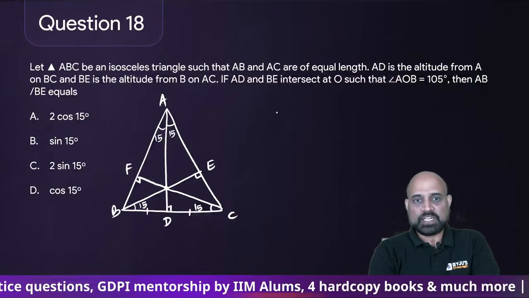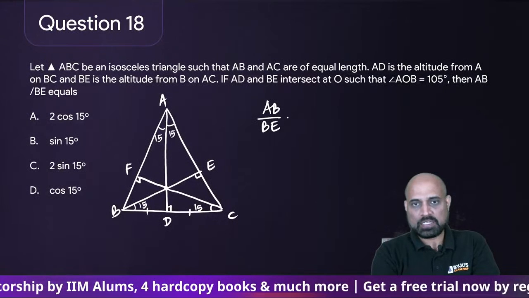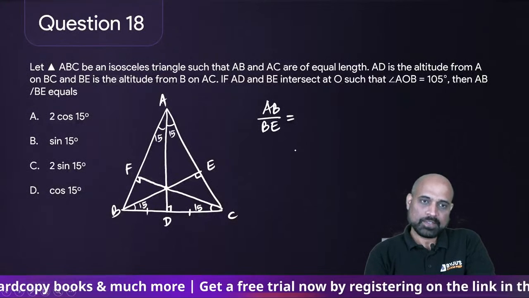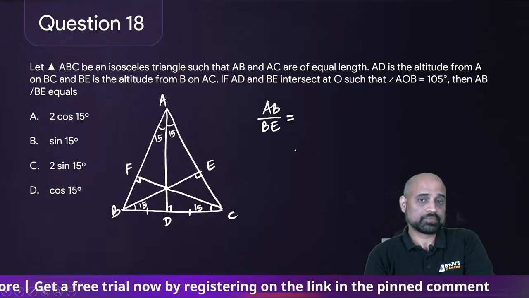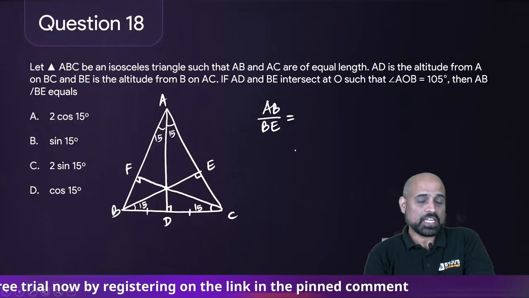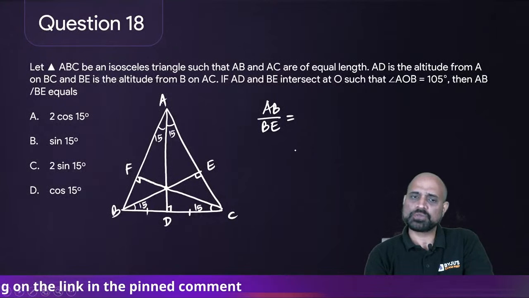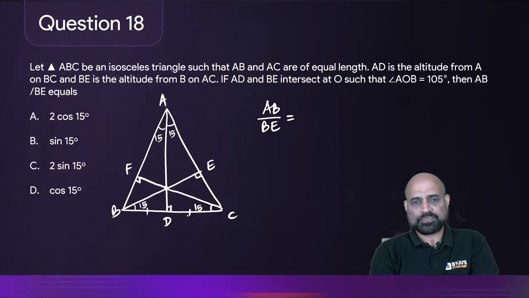AB upon BE. So AB upon BE is going to be how much? We can see cos 15 and sin 15. How about we start using it? Okay.